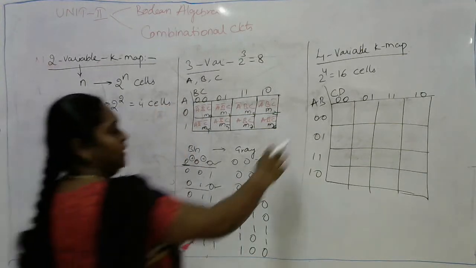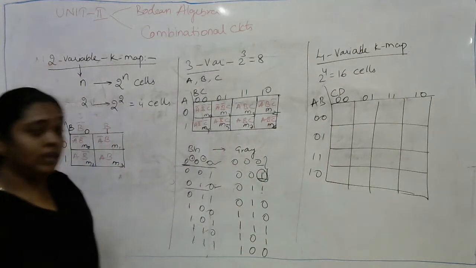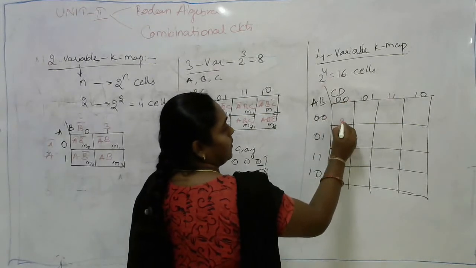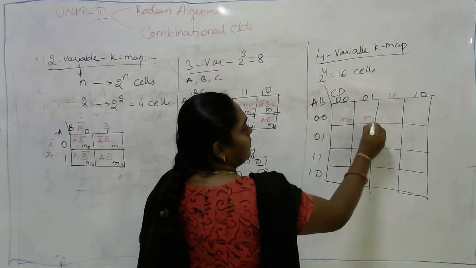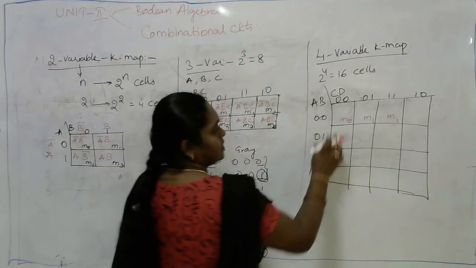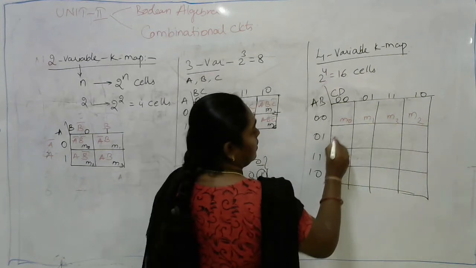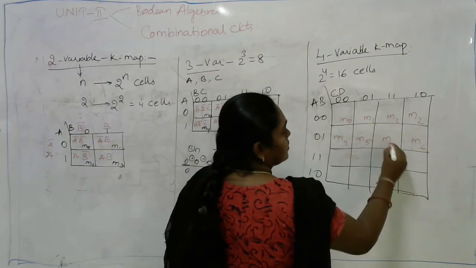Similarly, if we want to plot the corresponding minterms of the 4 variables, 0 0 0 0 is nothing but M0, 0 0 0 1 is M1, 0 0 1 1 is M3, or in simple terms 0, 1, 2, 3. Similarly 4, 5, 6, 7.